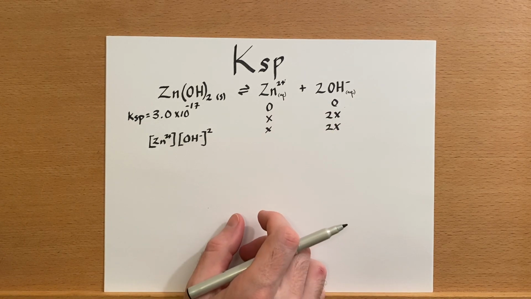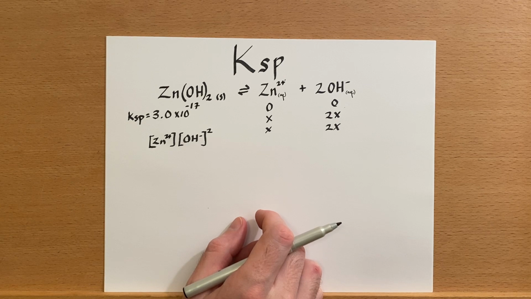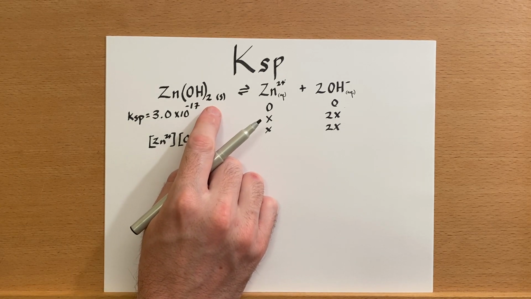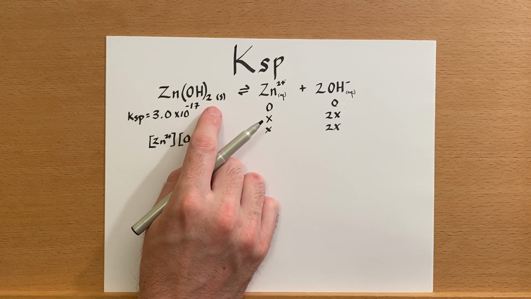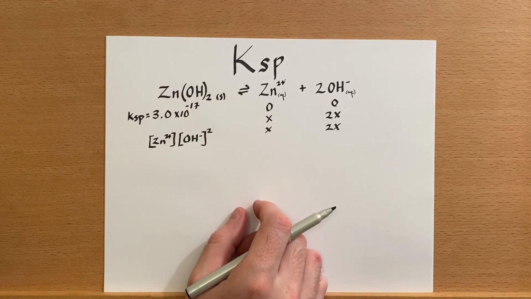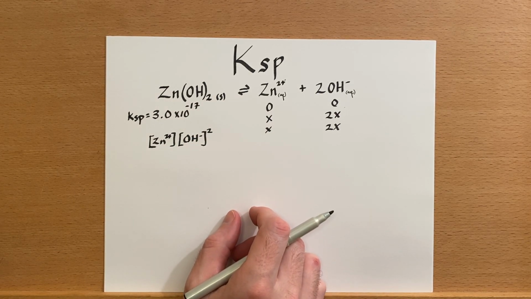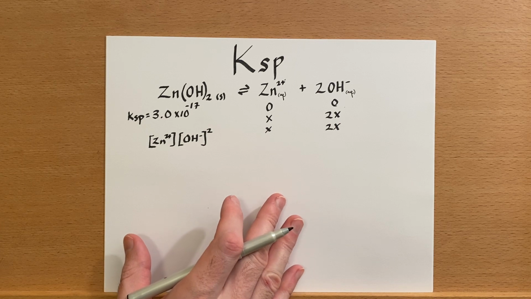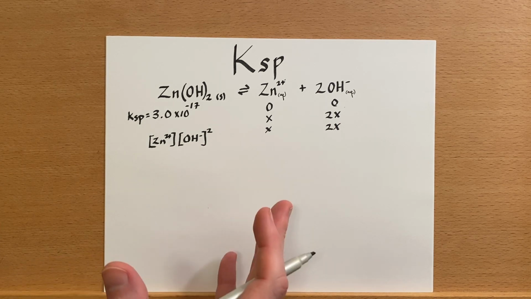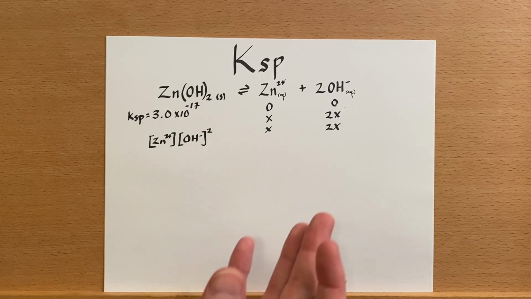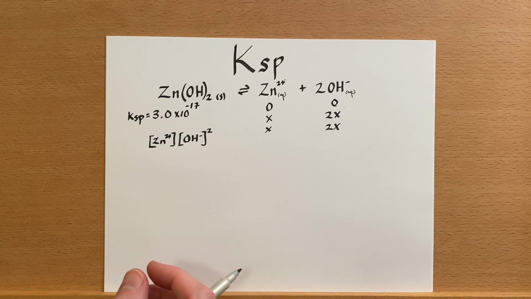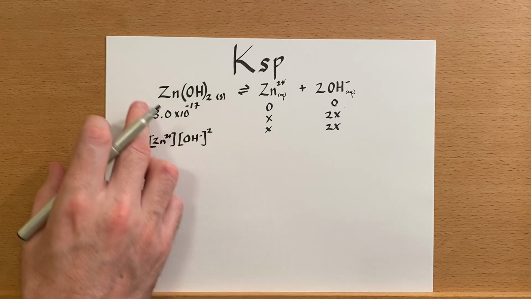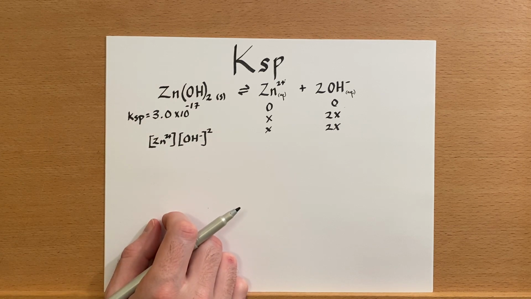Now, you'll also notice that in this example and in the previous example, I didn't talk about how much of the solid is actually there. Now, it is generally assumed that there's enough solid there to form a saturated solution. That is, all that can dissolve is available, right? We're not limiting ourselves with how much we're putting in of this salt.